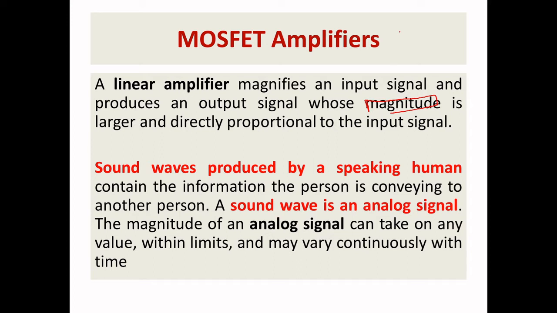That means any portion of your output should not be clipped out. Suppose this is your input, your output should be your magnified one, but the signal should not clip out in any portion, either in the positive or negative. So this is the general linear amplifier concept.